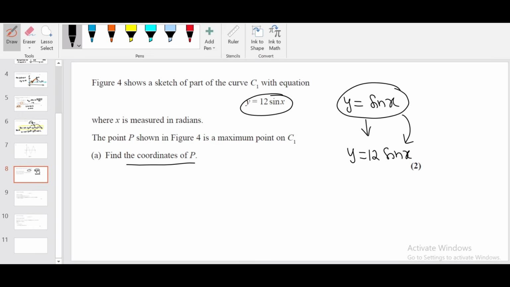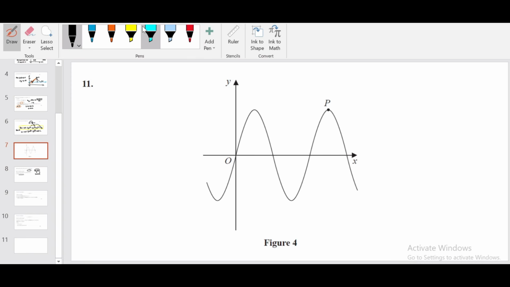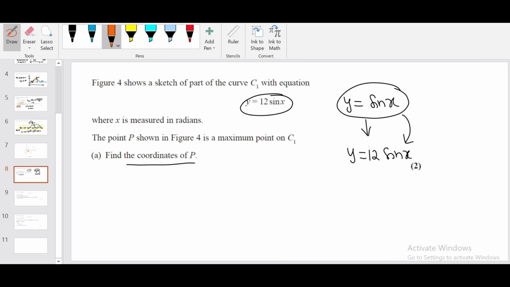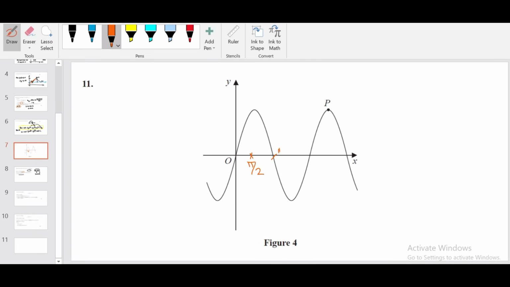So they want you to find the coordinates of P. Let's say it's a sine graph. In a sine graph, this point is going to be pi over 2. Wait, they want degrees or radians? In radians actually. So this is pi over 2, 2 pi over 2, 3 pi over 2, 4 pi over 2, 5 pi over 2.